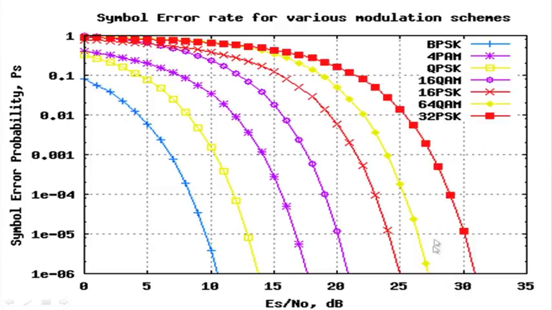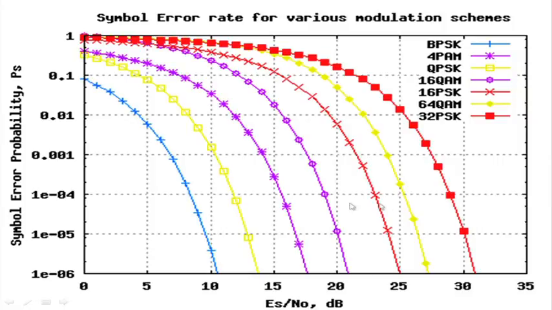So instead of increasing power by 15 dB, you start operating at a lower order of modulation. You have to sacrifice spectrum efficiency, but you will get the same BER by reducing the ES by N naught or EB by N naught by changing the modulation scheme.